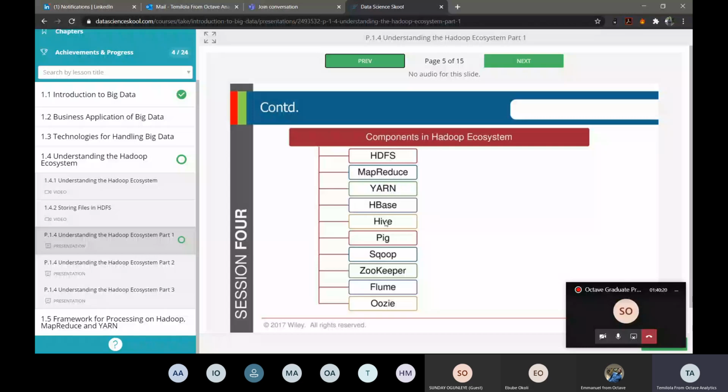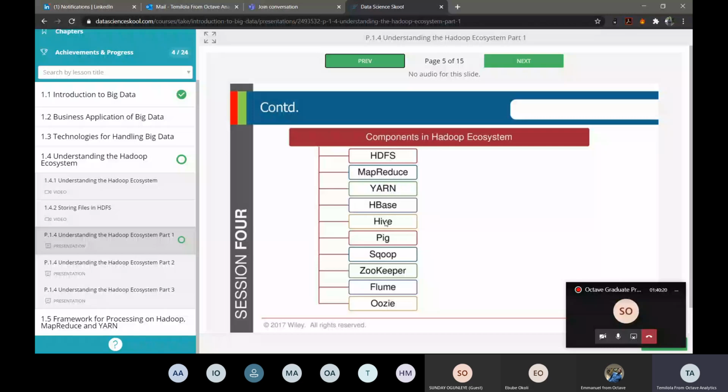HBase and Hive were applications created based on HDFS, MapReduce and YARN, or just HDFS and MapReduce. From Pig, Sqoop, Zookeeper, Flume, and Oozie downward, they are mainly applications you use in interacting with the Hadoop ecosystem, yet we still refer to them as components of the Hadoop ecosystem.